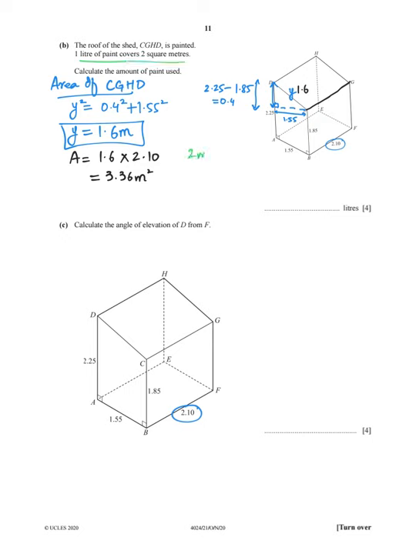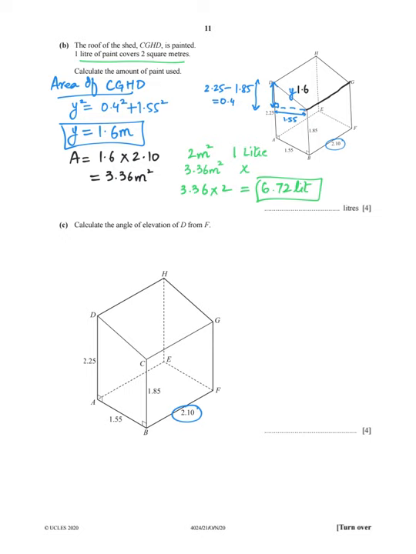So my area is 3.36 meter square. How many liters does it require? Simply we need to multiply 3.36 by 2 and you will get 6.72 liters required to paint the top portion of the prism.